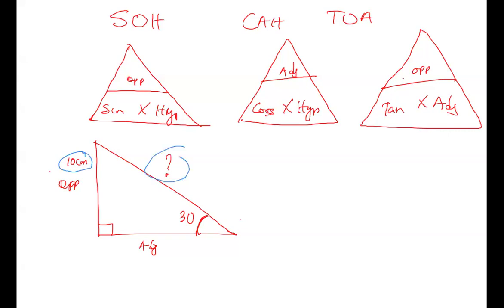It's sine. And you want to find out the hypotenuse, so it's going to be opposite divided by sine. The opposite is 10 divided by sin 30. What's sin 30? On the calculator, it's 0.5. 10 divided by 0.5 gives you 20. So it's about 20 centimeters.